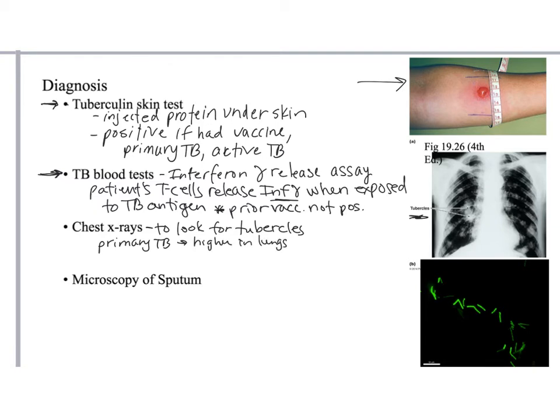And if they have activated or secondary TB, then those tubercles are going to be a little bit lower in the lungs. Even if you see some white lesions in the lungs, that still doesn't prove that the patient has tuberculosis. But if a patient has a clean X-ray, then they're in the clear and they don't have any evidence of any kind of tuberculosis.